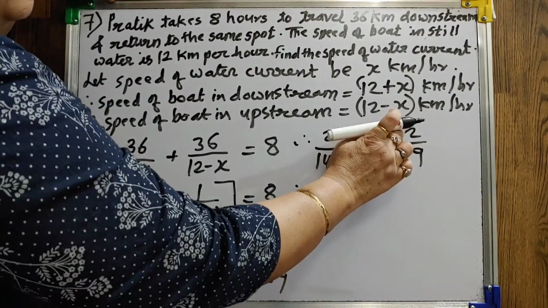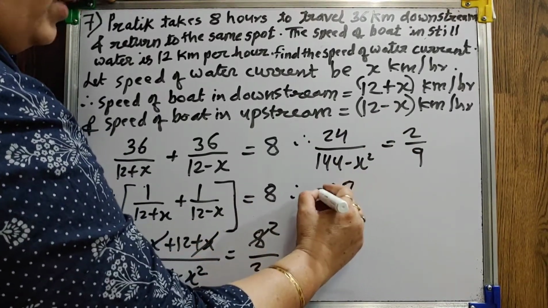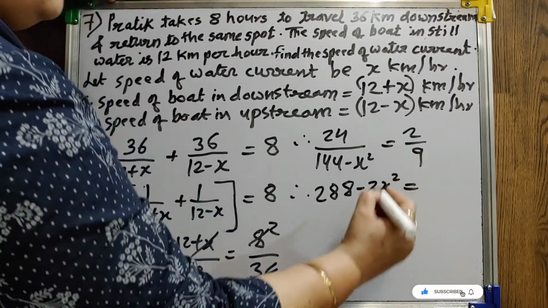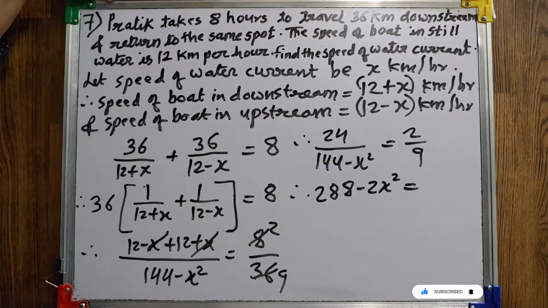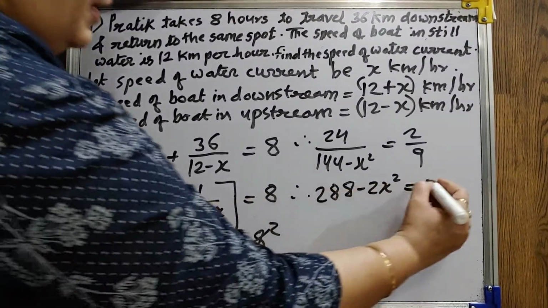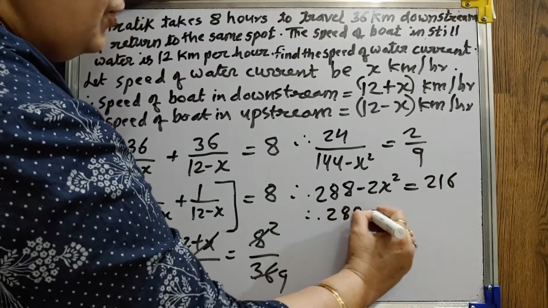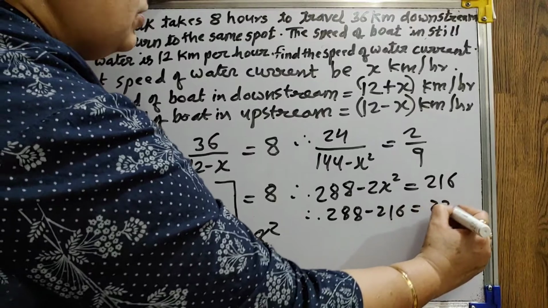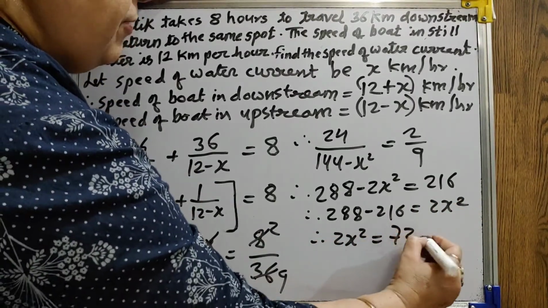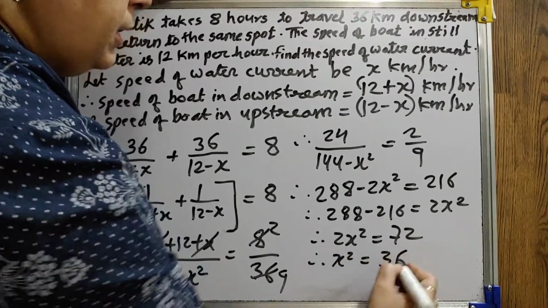Cross multiply. When you multiply 2 here, it will be 288 minus 2x square. 24 into 9, it will be 216. Transfer 216 this side, 2x square that side. So our 2x square is 72, x square is 36.